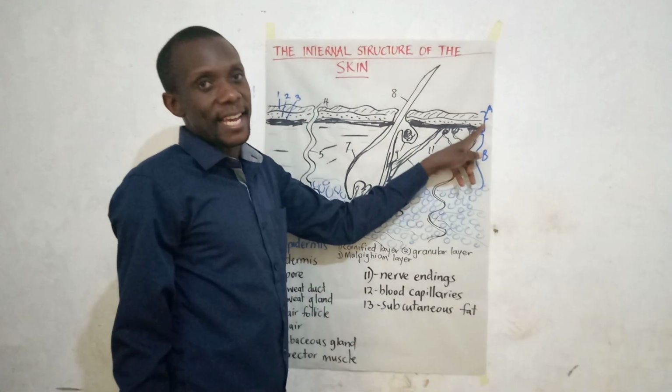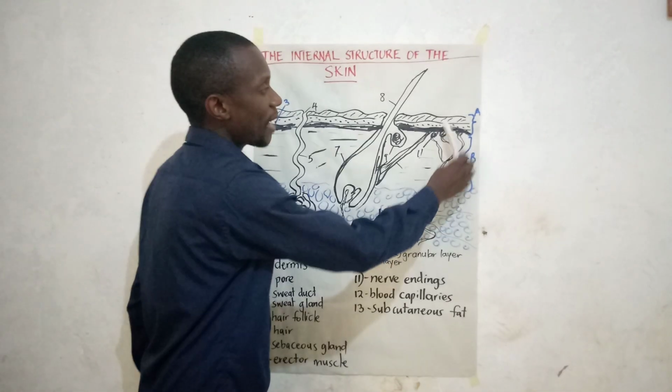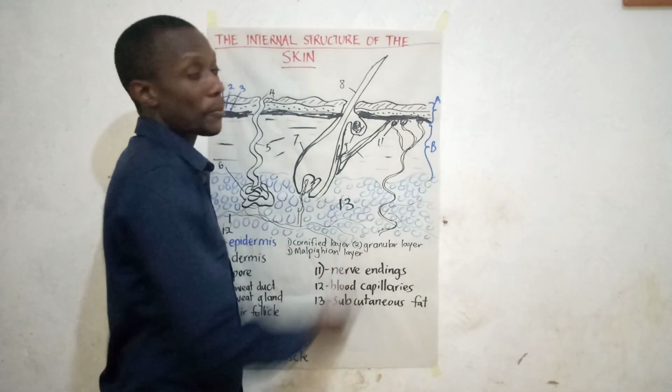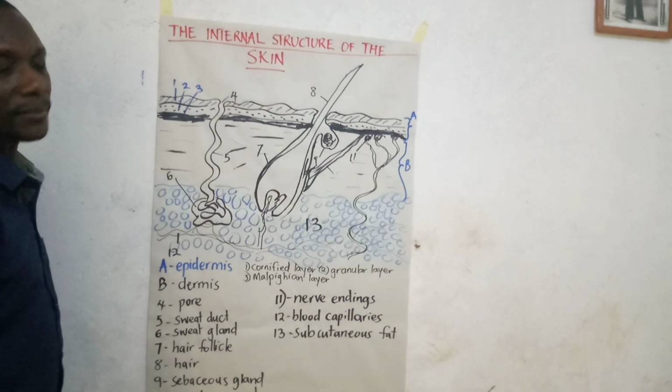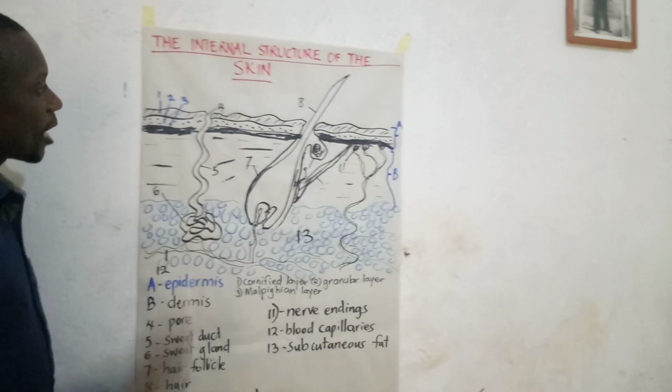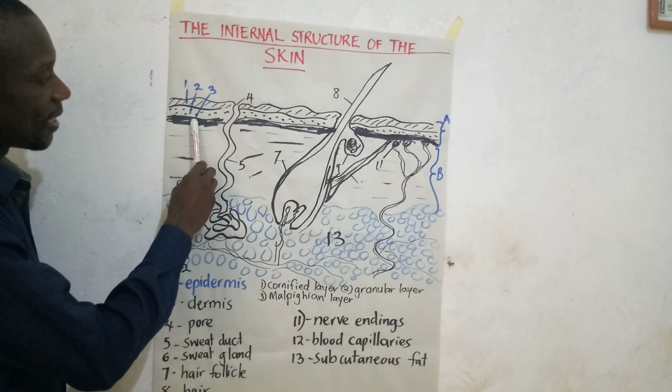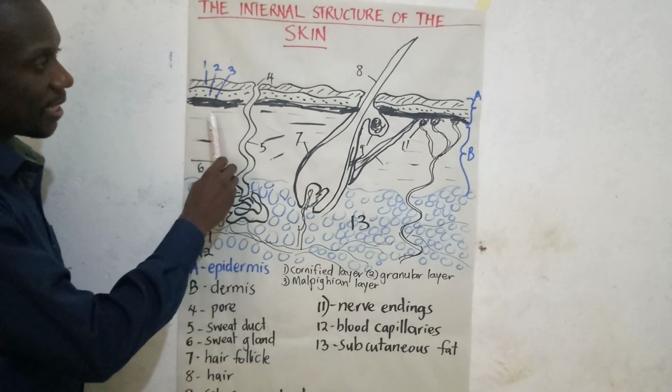The epidermis in itself has three layers. It comprises three layers, which I've shown as 1, 2, and 3. I've tried to shade them.